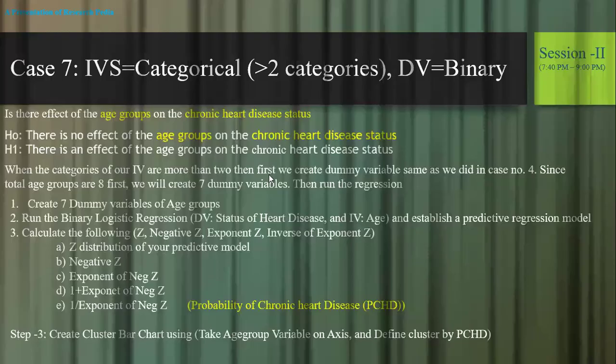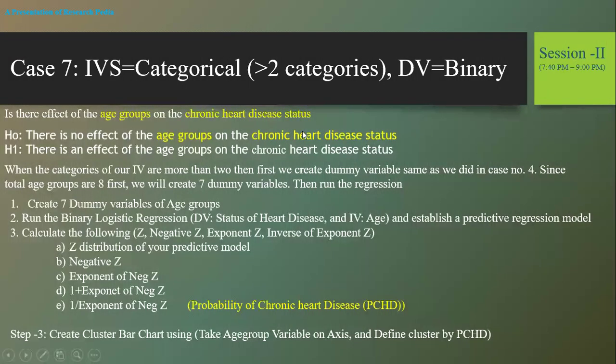When the categories of your independent variable are more than 2, first we create dummy variables, the same as we did in case number 4. If you remember, yesterday I let you know how to create the dummy variable. In this case, we will create the dummy variables in the same way.